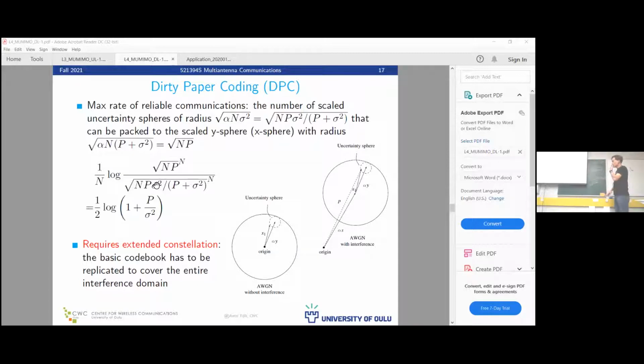and there have been some, well, at least after this capacity region and the dirty paper coding optimality for the broadcast channel was discovered, there was a lot of research on how to design practical codes. And there has been some research which is not covered in this course.